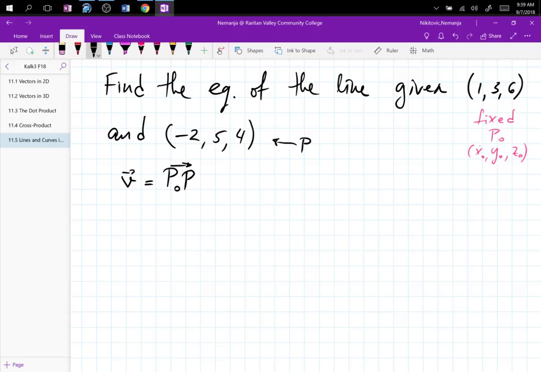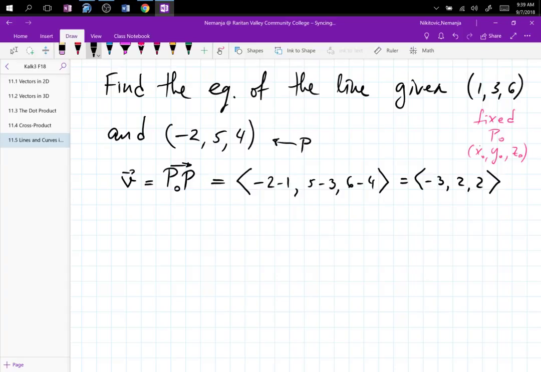Well, that's your P. So you can calculate the vector v by saying -2 minus 1, 5 minus 3, 6 minus 4, for a total of -3, 2, 2. This is your ABC. And all you need to do now is just to write the equation of the line. I hope you see that this is much faster than your algebra way where you had to find the slope and stuff.